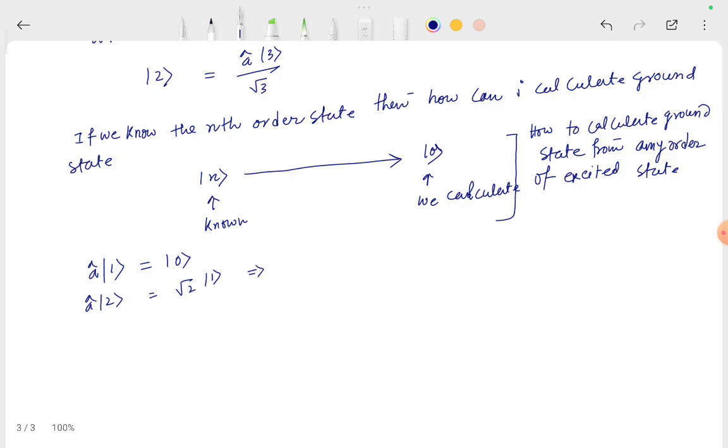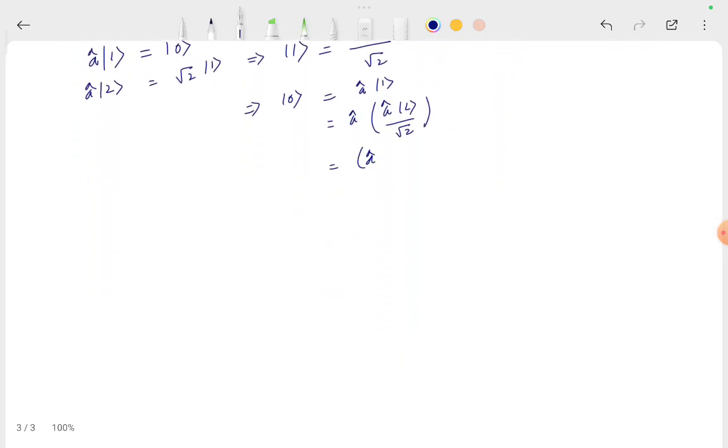So ket 1 equals a ket 2 upon root 2, right? So ket 0 equals a ket 1. Substituting the value of ket 1, a ket 2 upon root 2, we get a squared ket 2 upon root 2.